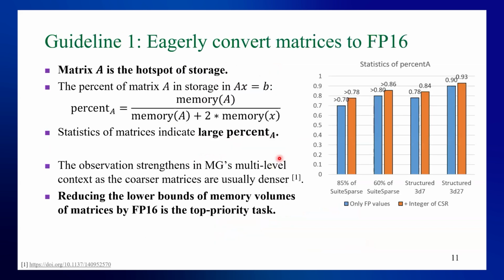The first guideline is to eagerly convert matrices to FP16. It is based on the observation that matrix A is always the hotspot of storage. Statistics of matrices indicate that large values of percent A are very common. It inspires us to reduce the lower bounds of memory access volumes of matrices by using FP16.